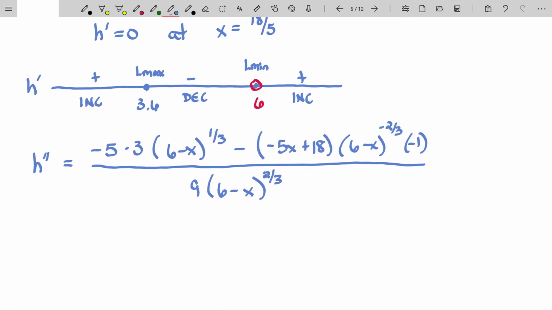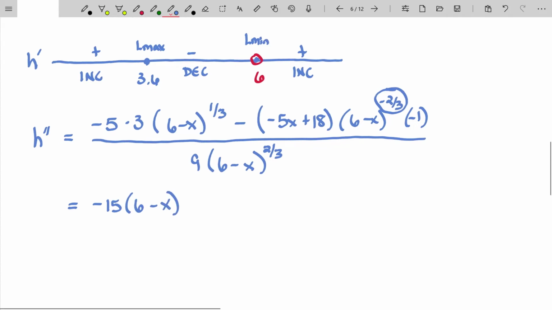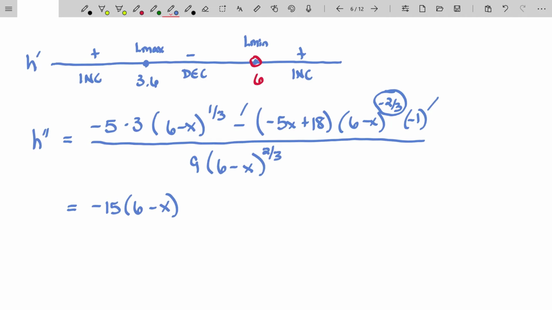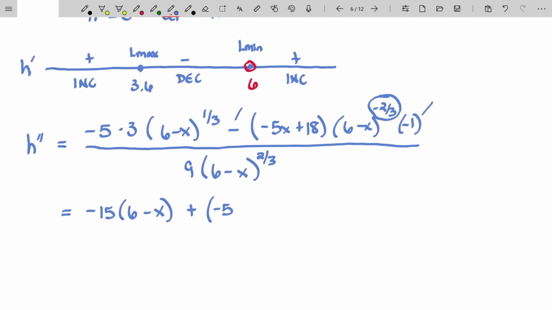I'm going to multiply numerator and denominator by 6 minus x to the +2/3 power. In other words, I'm going to add 2/3 to all the powers on 6 minus x. That's a good way to think about that. So this will be a -15 times 6 minus x to the 3/3 power minus, so in other words, plus a -5x plus 18.